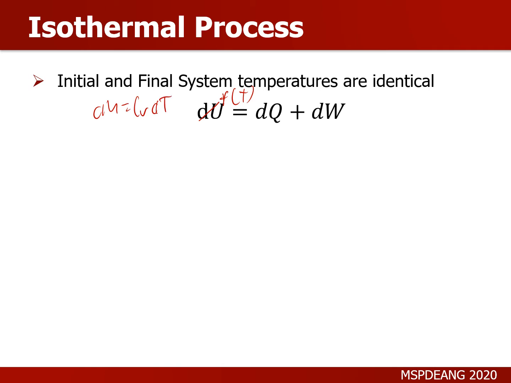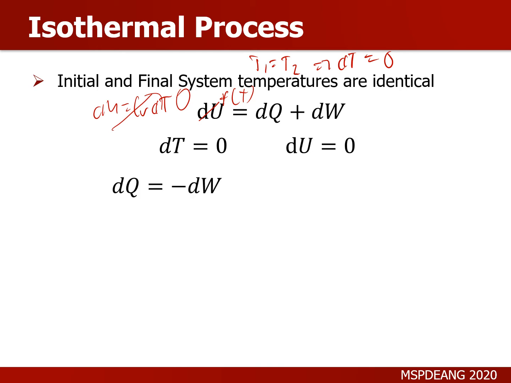But if the initial and final system temperature are identical, T1 is equal to T2, meaning dT is equal to 0. Thus, dU should also be equal to 0. Therefore, you can reduce this such that dQ is equal to negative dW, or Q is equal to negative W.